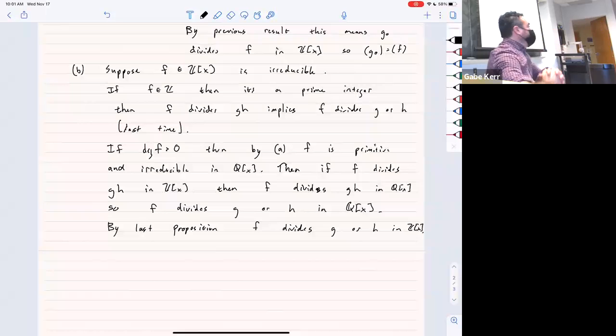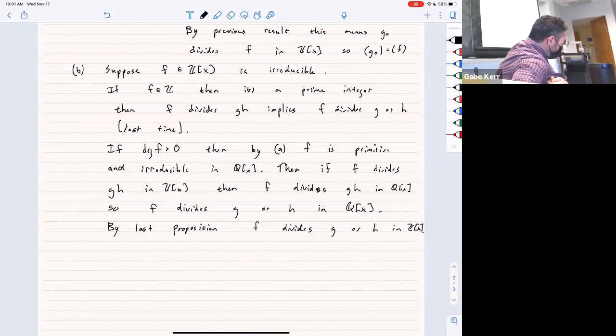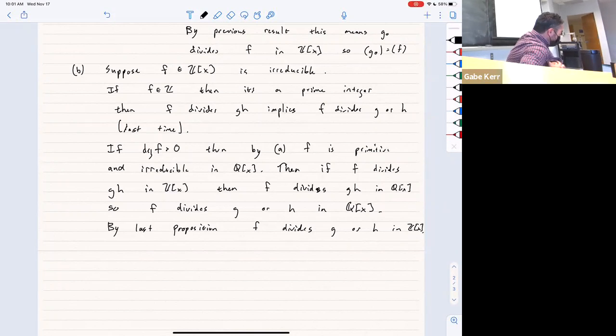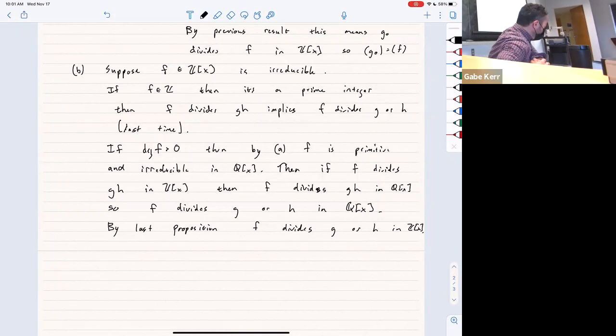Now, if you look back at the proof that a PID is a UFD, you'll see that there are two key things. One is the ascending chain condition, which still works in Z[x]. It's just a degree argument, and then the fact that ascending chains stop in integers.